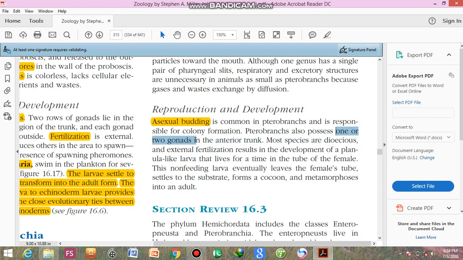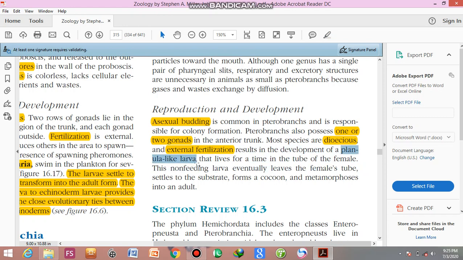They have one or two gonads, and the location of these gonads is the anterior trunk. Most species are dioecious. As I already told you, dioecious means male and female sexes are present in separate individuals. Fertilization is external in these animals, and it results in the development of planula-like larvae.